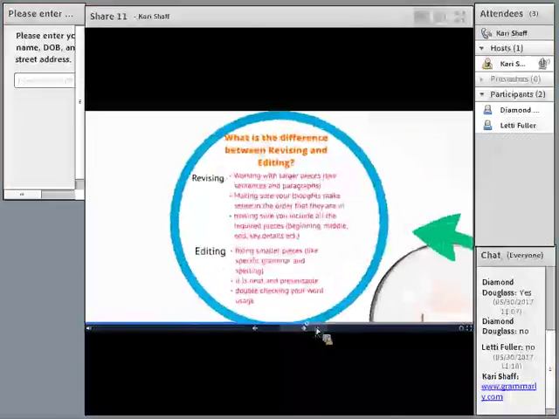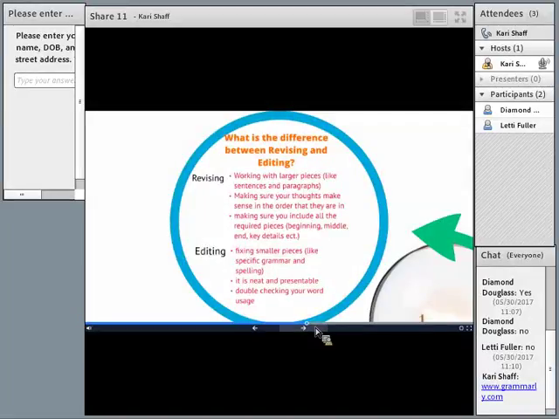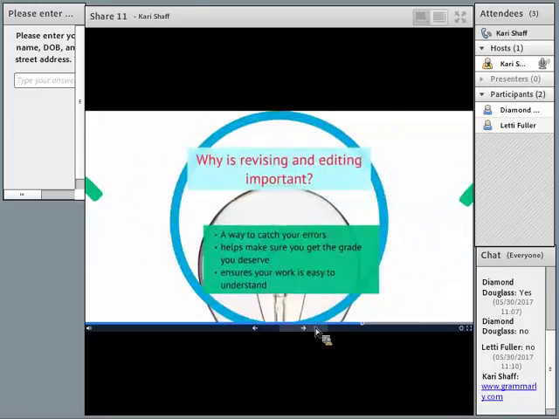It still works nicely. So here we are, the difference between revising and editing. Revising is working with larger pieces, like sentences and paragraphs, and editing is your smaller pieces. Revising is the ideas and organization and things like that. Editing is word choice and spelling and making sure that you have that together.